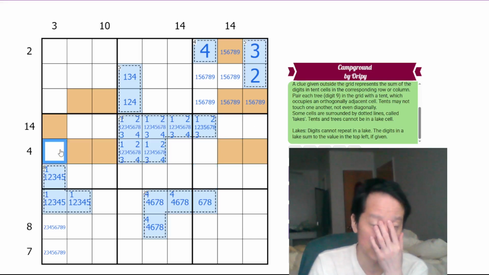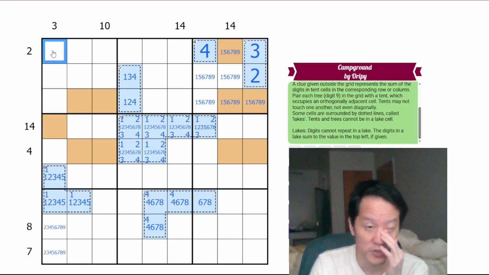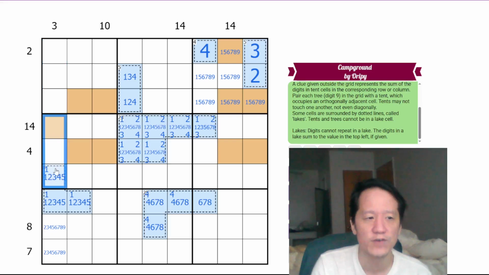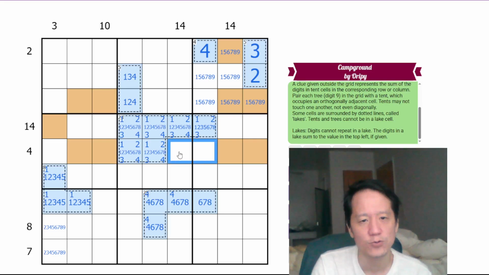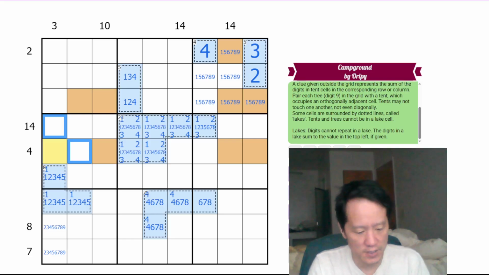If this were the solo tent, it could not be 4, because this is at maximum 3 for values in the tents. And this can't be a 4, and this can't be a 4. So you need one of these to be a tent and one of these to be a tent, and therefore this is a tent, which means one of these is a 9.